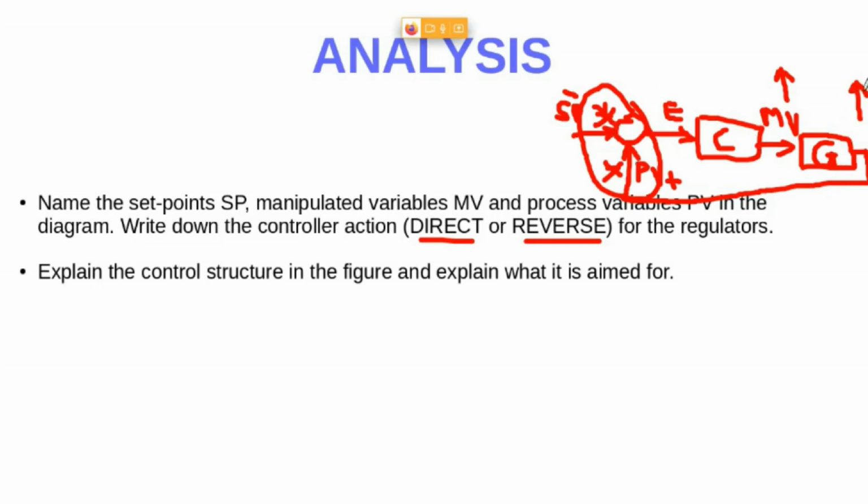This is applied when you have not this situation, when your process is this way, when there is a negative relationship between the input and the output of the process. So that means that when you increase the manipulated variable, the process variable decreases, and the other way around. When the manipulated variable decreases, the process variable increases, right? So when you have a negative relationship between the input and the output of a process, then you use the direct controller action. So that means that the error will be calculated as the difference of the process variable and the set point.